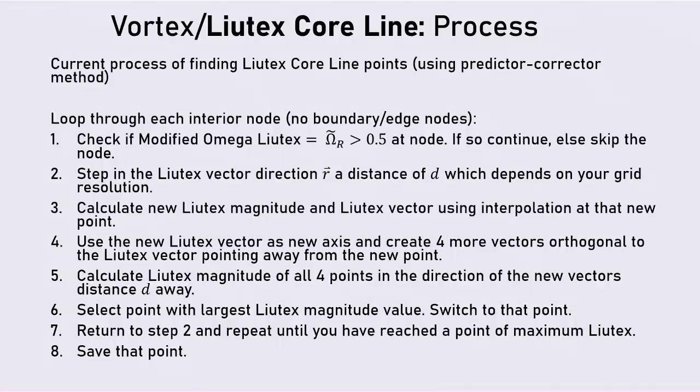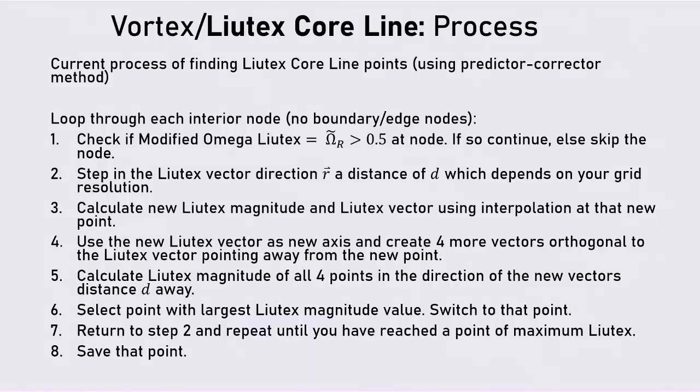So we're at a node, and it's greater than 0.5. And now we step into the Liutex vector direction. So we look at the Liutex vector direction, R, and we move in that direction a distance of d. D is dependent on your grid.